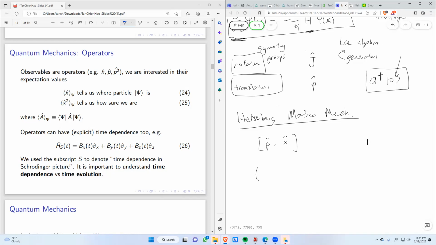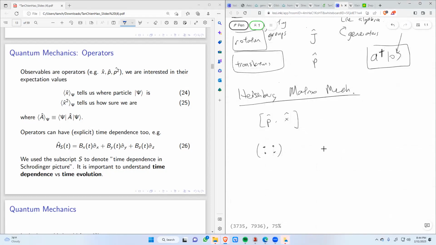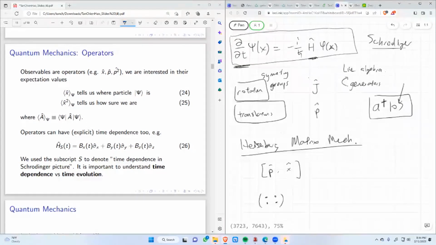So some of these operators may be matrices. For example, in the case of the spin half system, there are 2 by 2 matrices. In other cases, they could be differential operators.